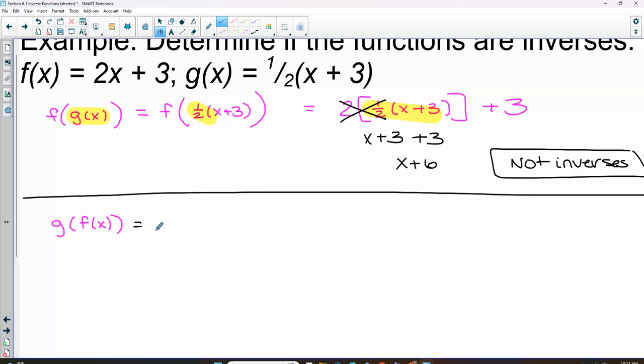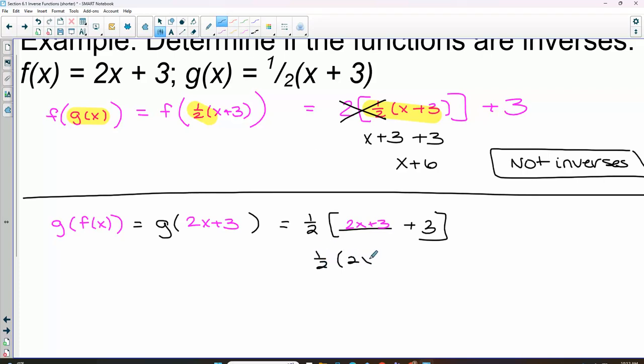If we did the other direction, that's g of f. f is 2x plus 3. So now you go to function g, and you're replacing your x with the 2x plus 3. So we get 1/2 times 2x plus 6, or x plus 3.